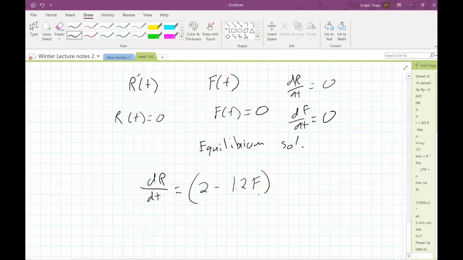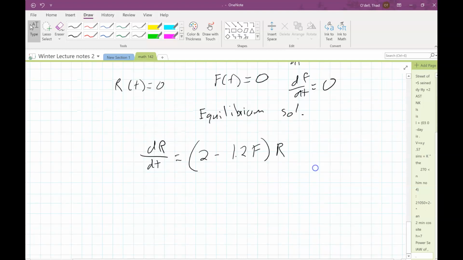If we take the rabbit differential equation, dr/dt, and factor out r, and then if we take df/dt, and that's equal to, if we factor out the f, we get negative 1 plus 0.9 r times f.